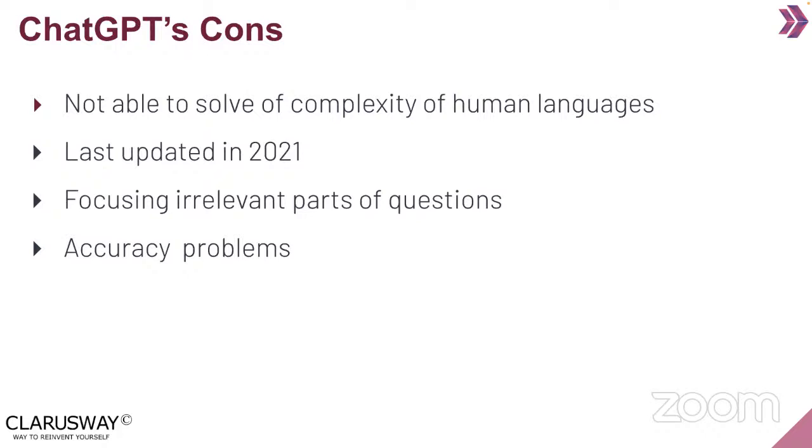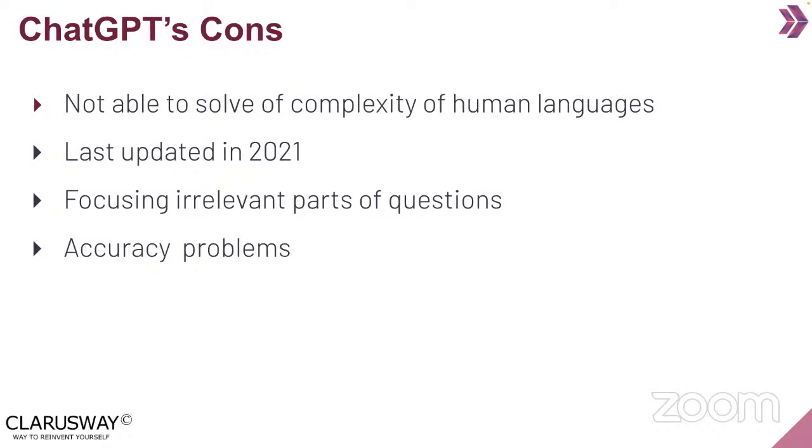For example, if you type in vague clauses, it sometimes gives you the wrong answer. It was last updated in September 2021, and since then it has very limited knowledge in some specific areas.